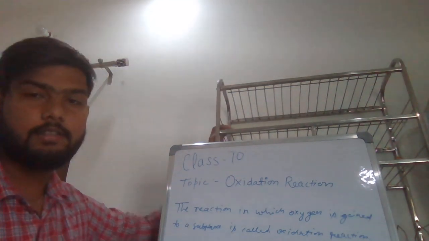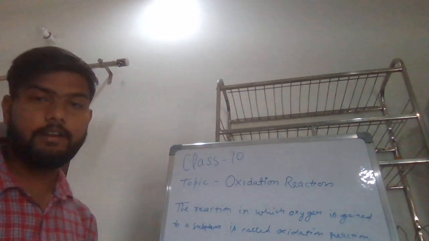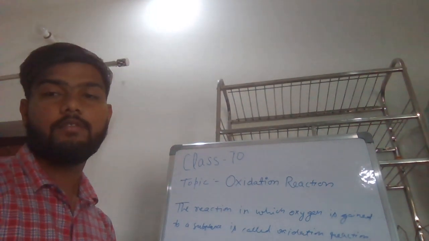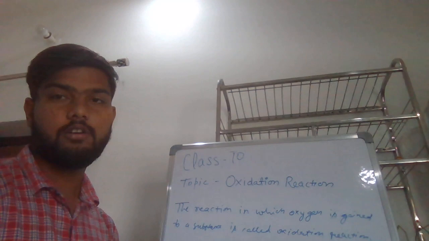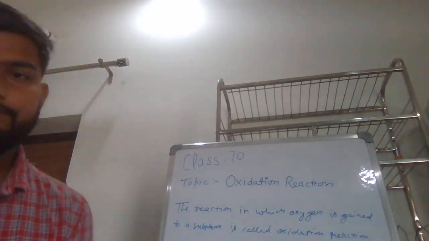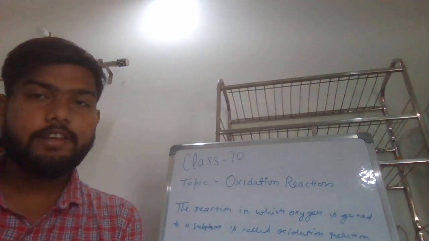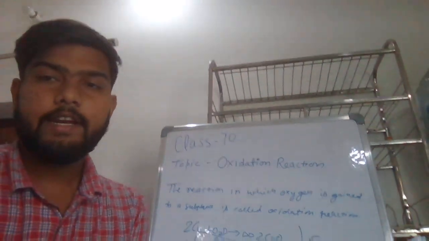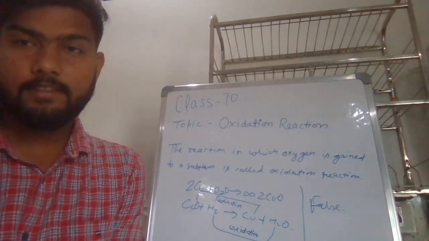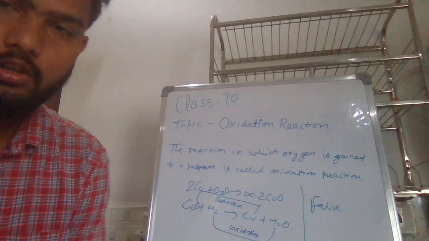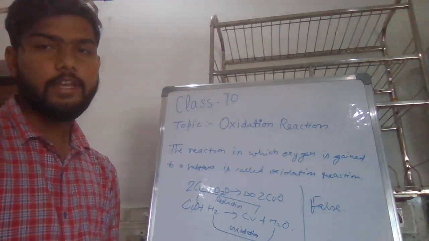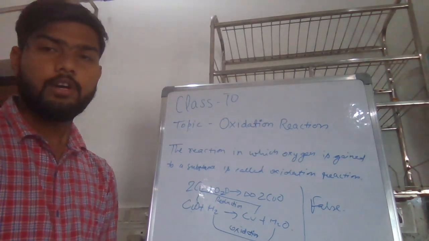Now we will discuss the concept of redox reaction. Tell me, what is the definition of redox reaction? A redox reaction is one in which one reactant undergoes oxidation whereas the other gets reduced during the course of the reaction.